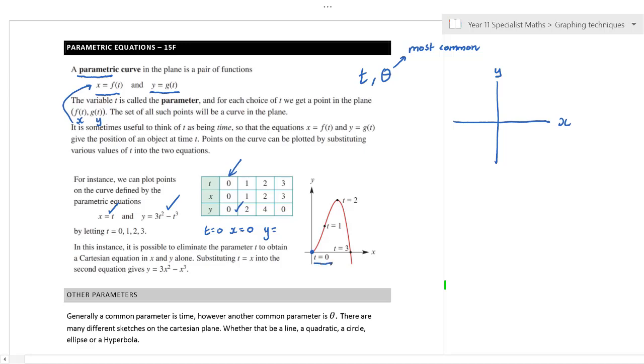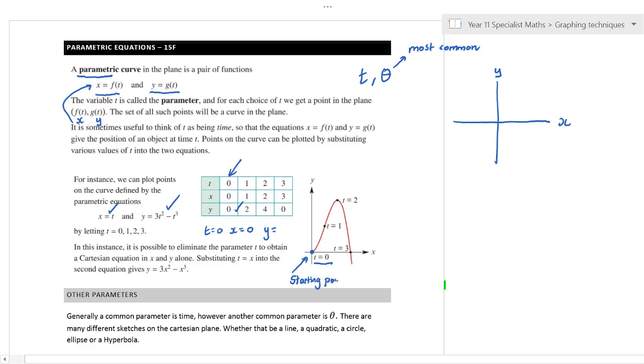A lot of the time these describe, for example, a particle or an object, and this is the starting point: at t equals 0, it starts here.